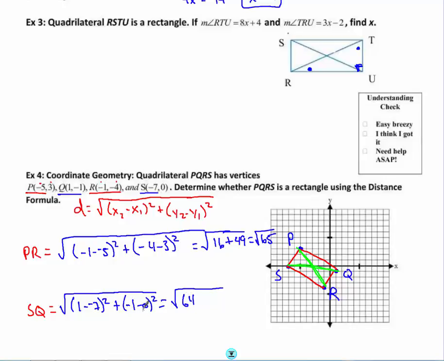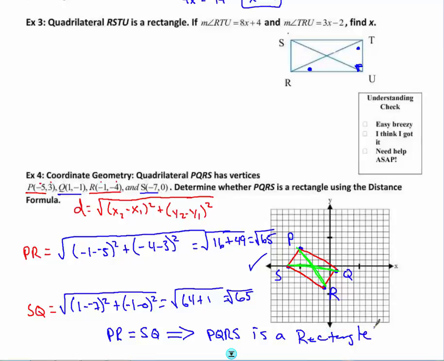Negative 1 minus 0 is negative 1. Negative 1 squared is 1. 65, square root 65. So those are the same. So PR equals SQ. Therefore, PQRS is a rectangle. That's that.